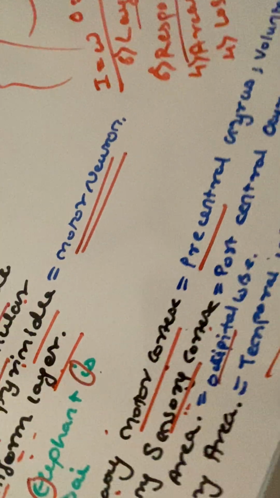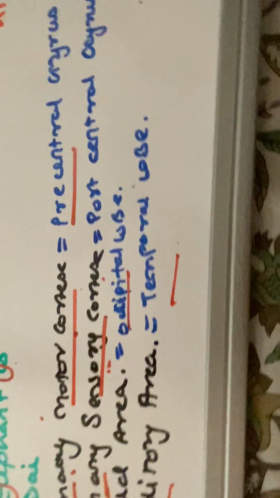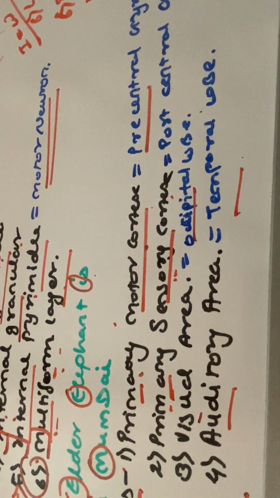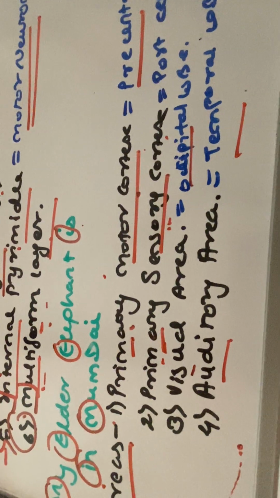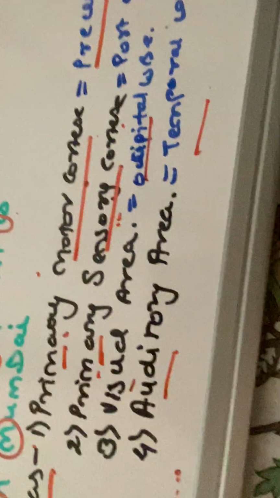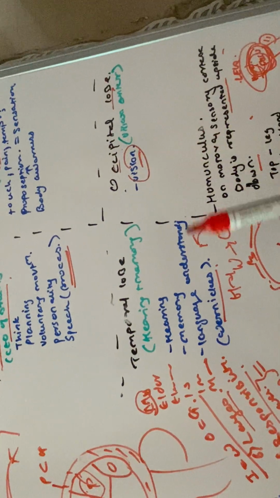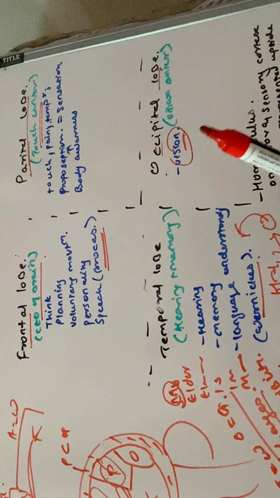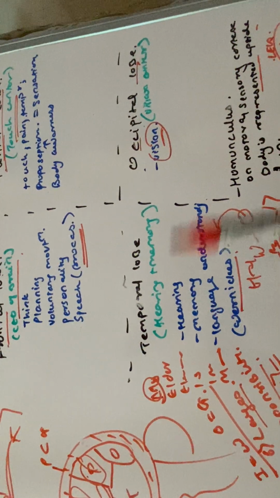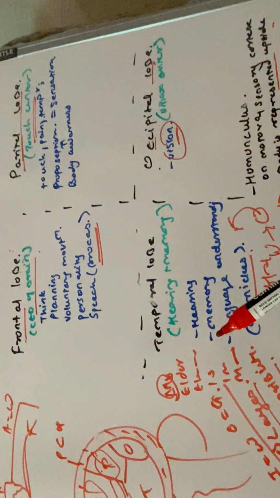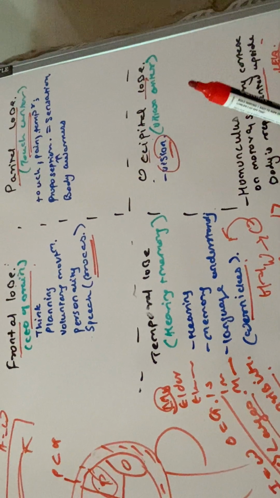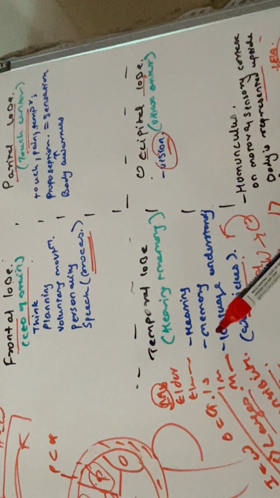Okay, then we have seen the areas, 4 areas: primary motor cortex, primary sensory cortex, visual area, auditory area. So what are the lobes? Frontal, parietal, temporal, occipital. Frontal is the CEO, parietal is the touch center, temporal is the hearing plus memory, occipital is the visual center.